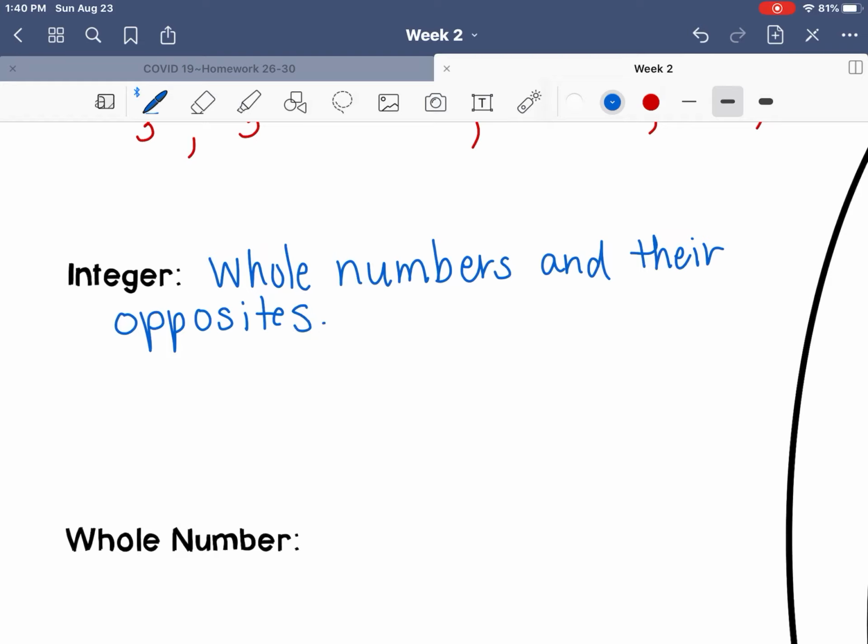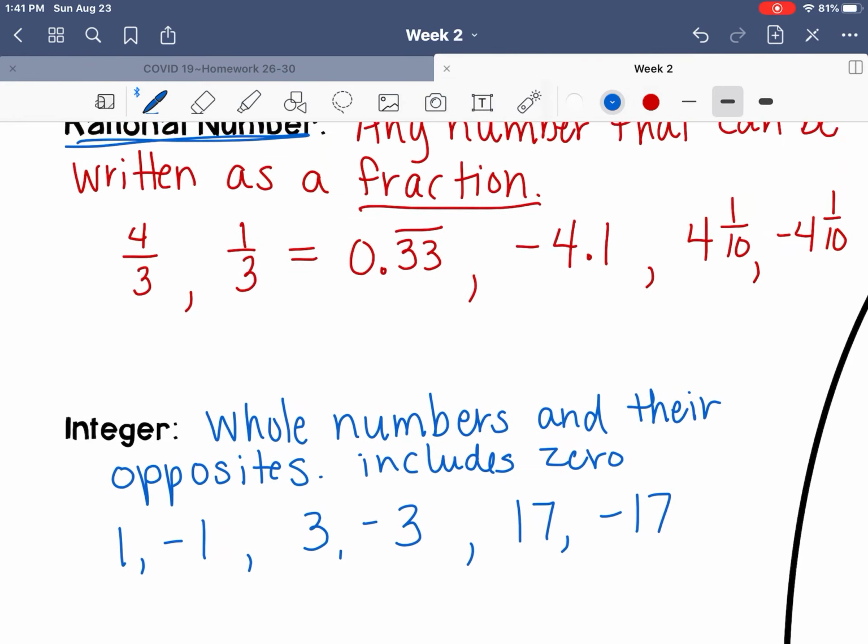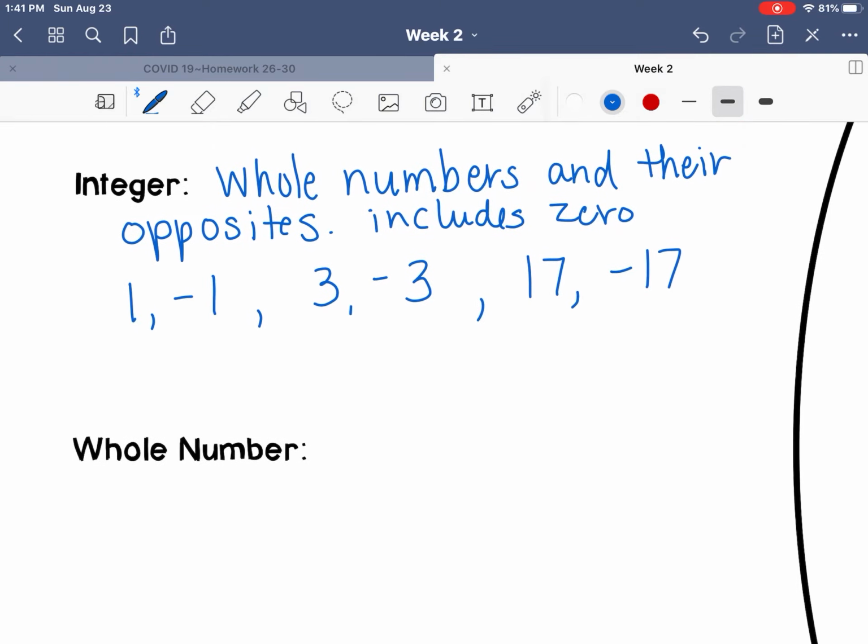The opposite of 1 is -1. The opposite of 3 is -3. The opposite of 17 is -17. All of these numbers are integers. This set also includes 0. But if there's a decimal with it, it's not an integer. It's just a rational number.